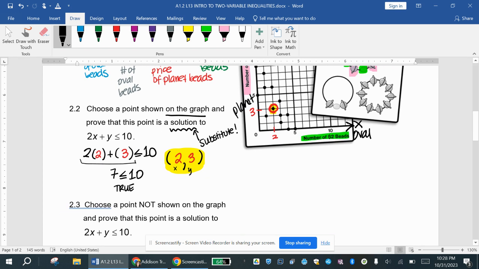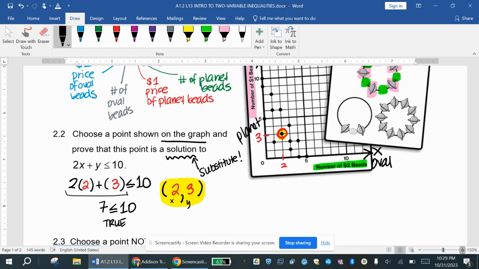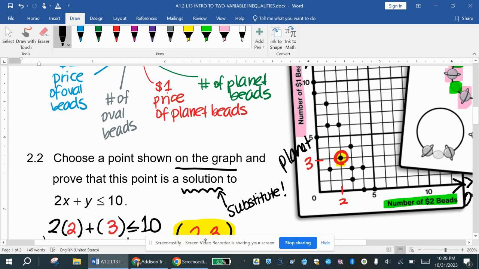Okay, so now this next section says choose a point that is not shown on the graph and prove that this is a solution. So I want you to give me an ordered pair, a point that is a solution but is not visible on the graph, and you're going to prove that it's an answer. In order to do that, you have to try to find a pattern here, okay?